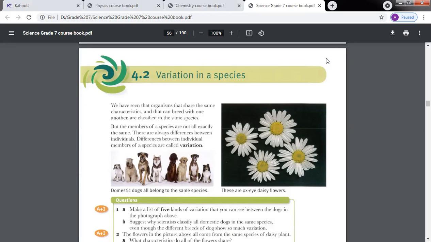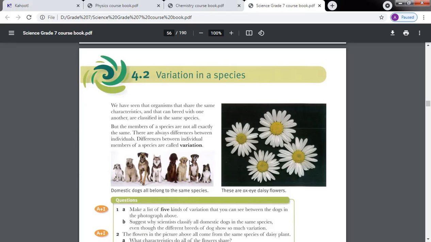organism to another. For example, here you can see this is one species, that is dog, belongs to domestic dog, but it is one species. Even there are a lot of differences between them.